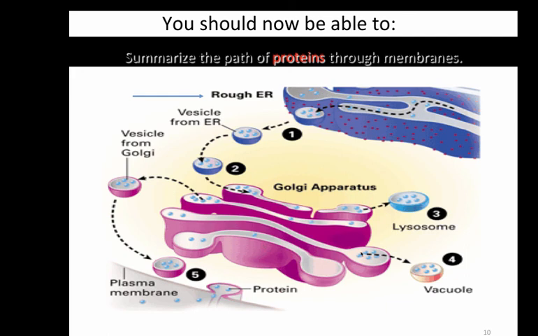And this modification determines their destination, whether these proteins become lysosomes, vacuoles, or are destined to become secreted. All of this takes place in the Golgi apparatus. These vesicles then are sent to their final destination.